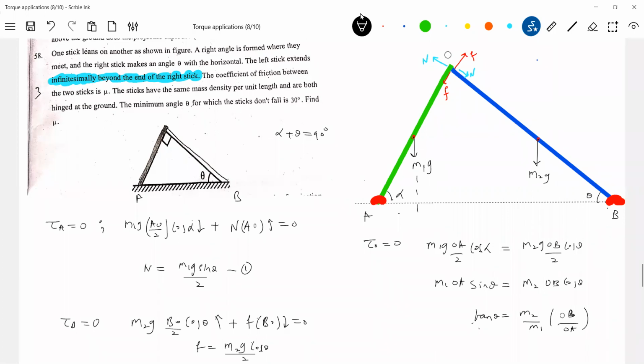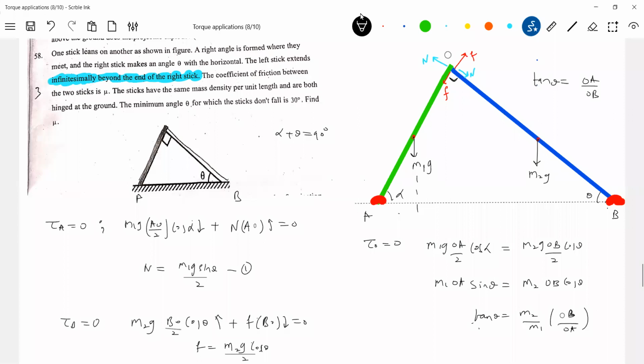Anything can we say tan theta as it is a right angle triangle? So what is tan theta from the diagram? This should be equal to OA by OB.